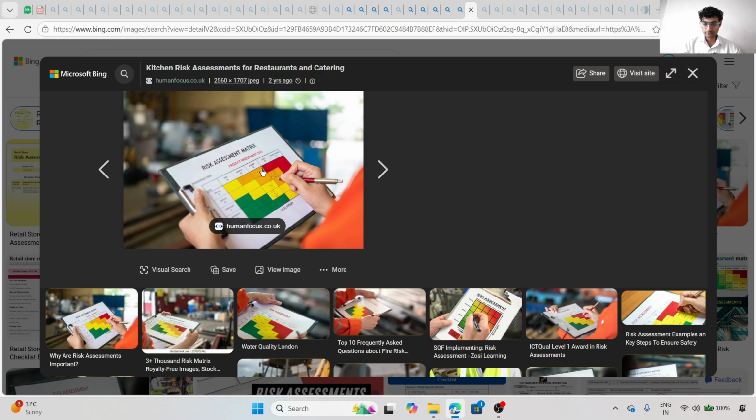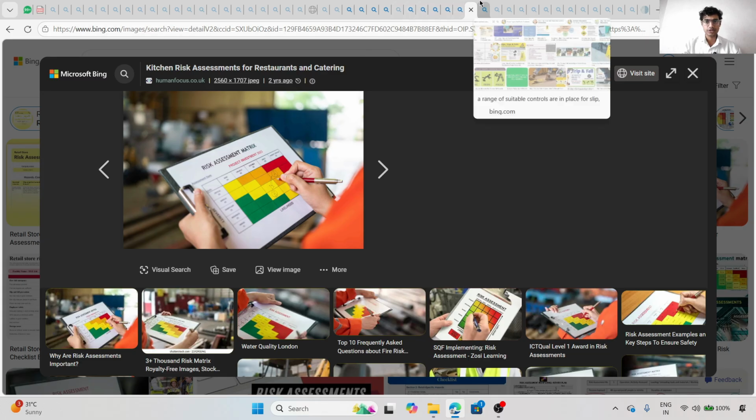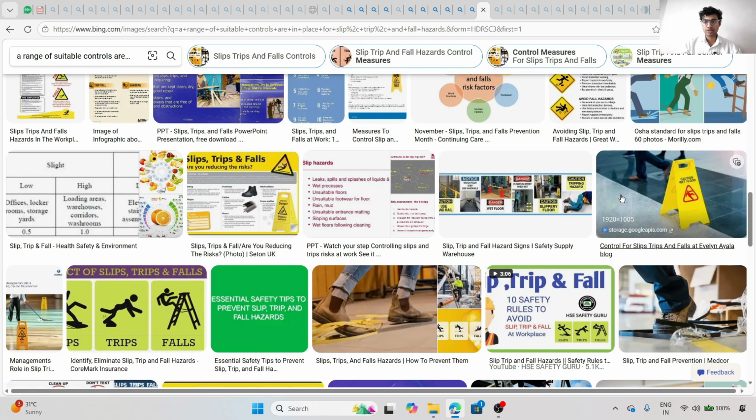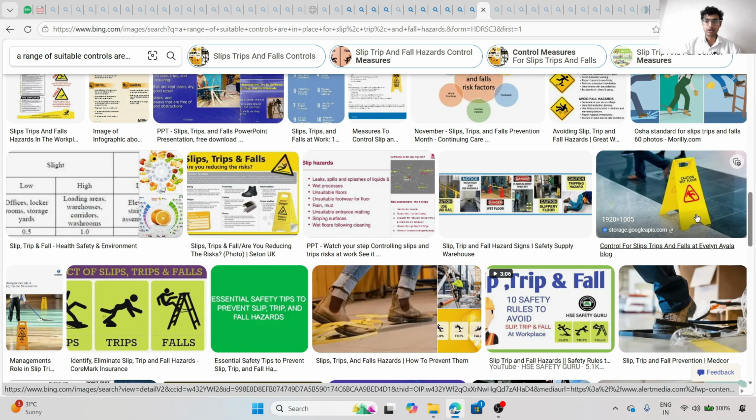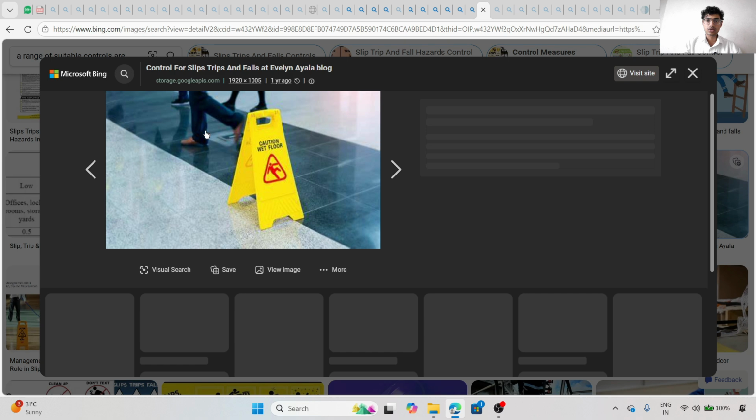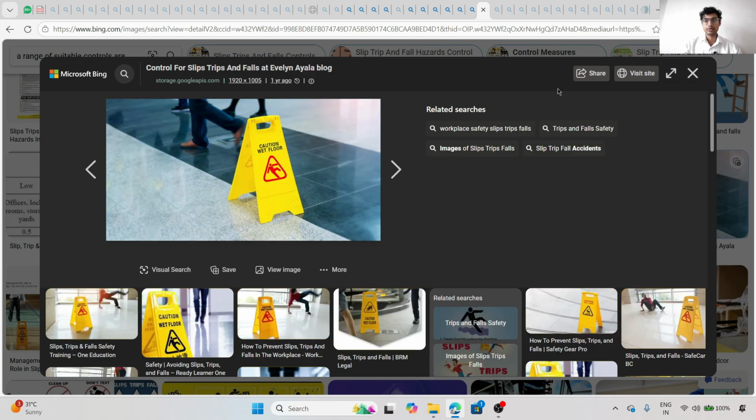In it there was a good amount of suitable controls for slips, trips, and falls. Just think, if the floor is slippery or wet and a person could fall, they have whatever controls are required over there. That was a positive thing.